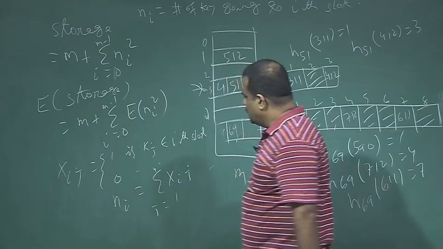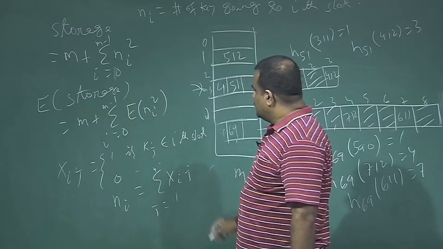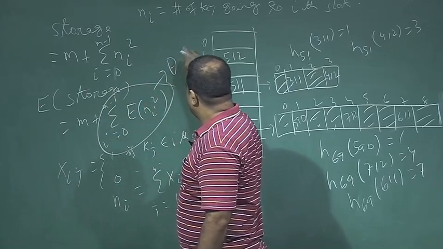So squaring means squaring of this. If you take the expectation, it can be shown that this is also order of m.